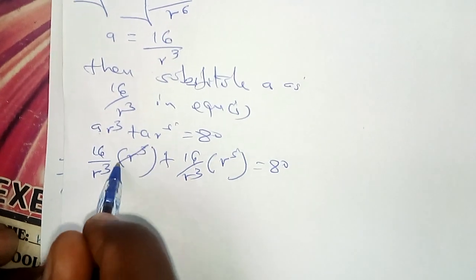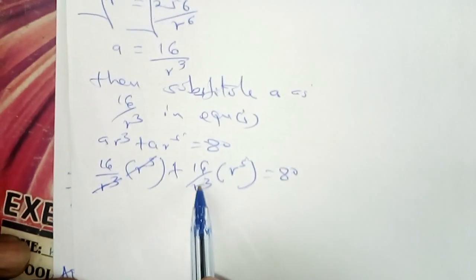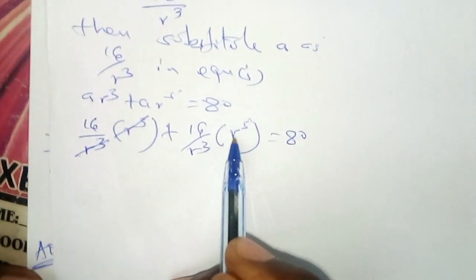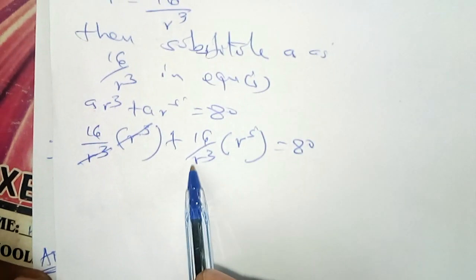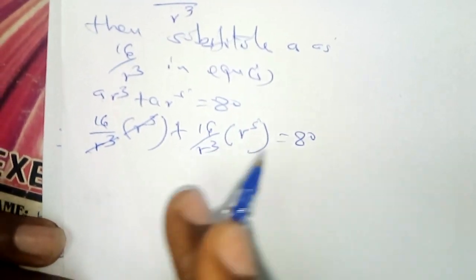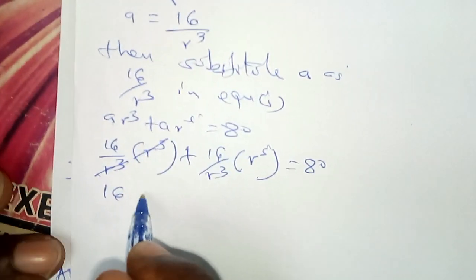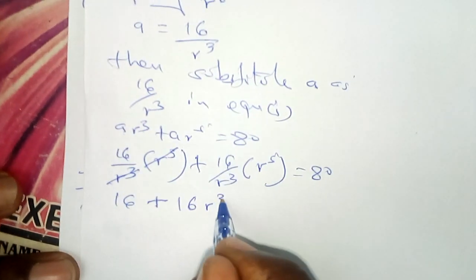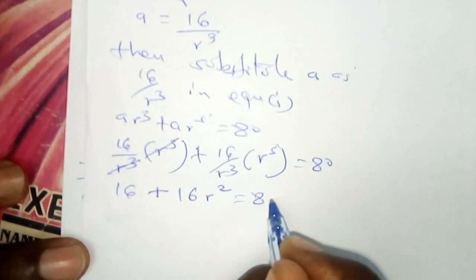So this one and this one cancel. Then for the other, following the law of indices, R raised to 5 divided by R raised to 3, you subtract the powers. So it will be 16 plus 16 R raised to 2 is equal to 80.